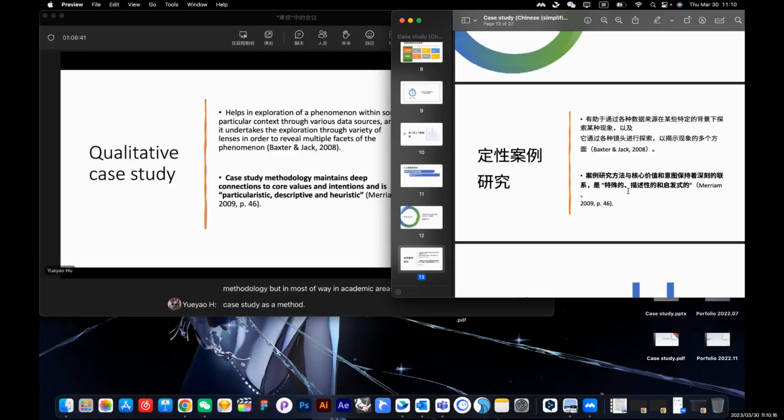So if you want to make your research clear, I suggest you use phenomenology as your methodology, but case study as a method. It just makes more logical sense. Because if you use case study as a methodology, you might need to explain more why, and what perspective in here can help you understand your whole project.